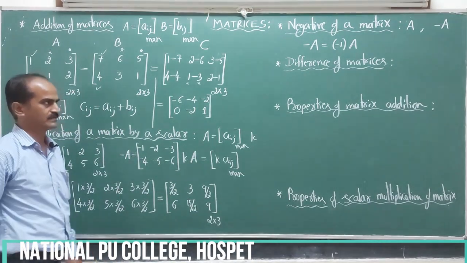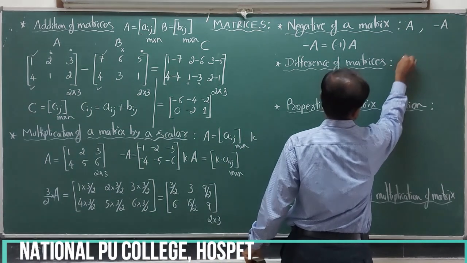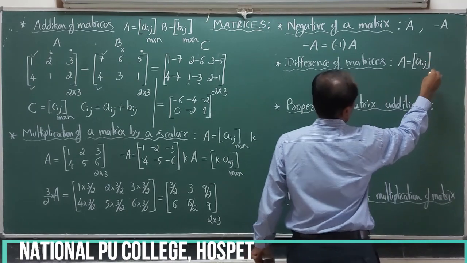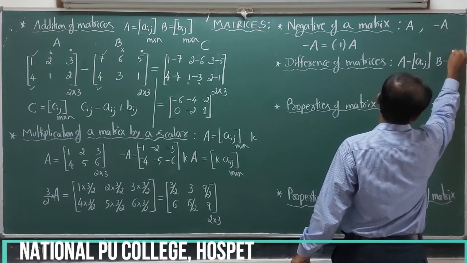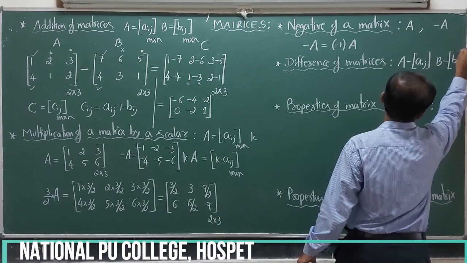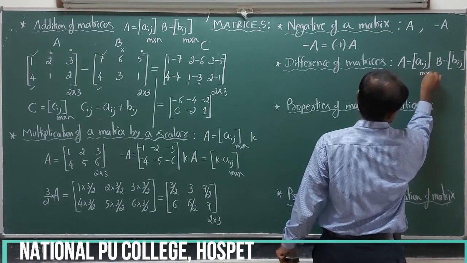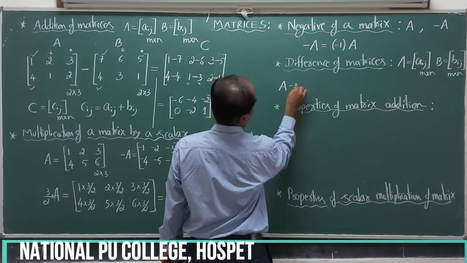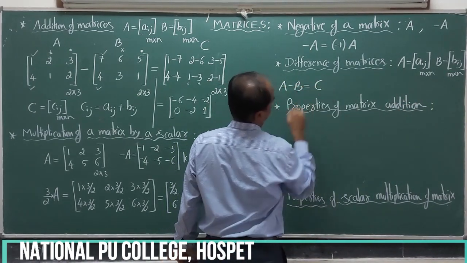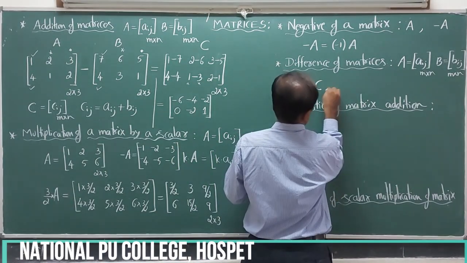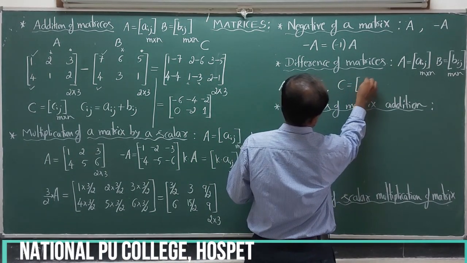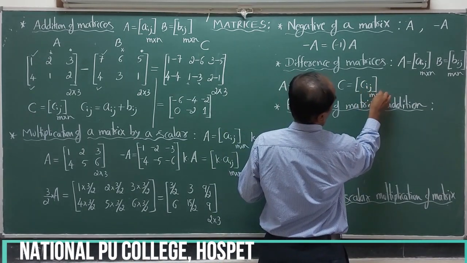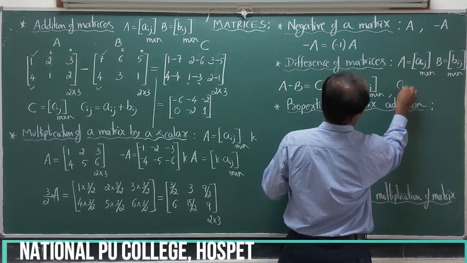I hope it is clear. Now, if A is a matrix whose entries are Aij and B is another matrix whose entries are Bij, both matrices of the same order m by n, then A minus B is defined to be another matrix C, whose entries are Cij of order m by n, where Cij is equal to what?